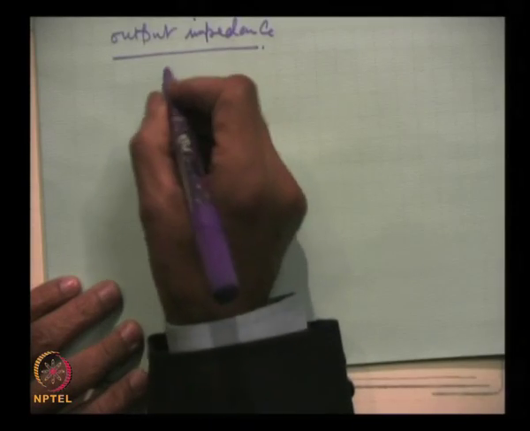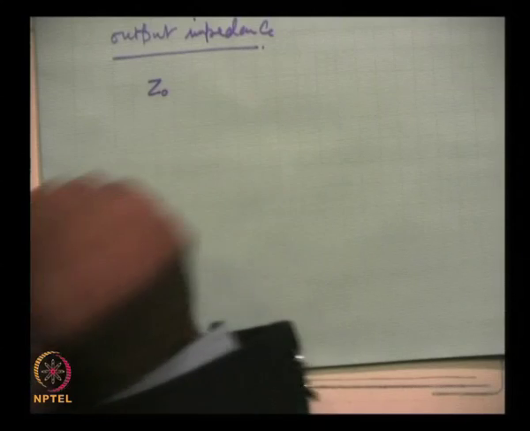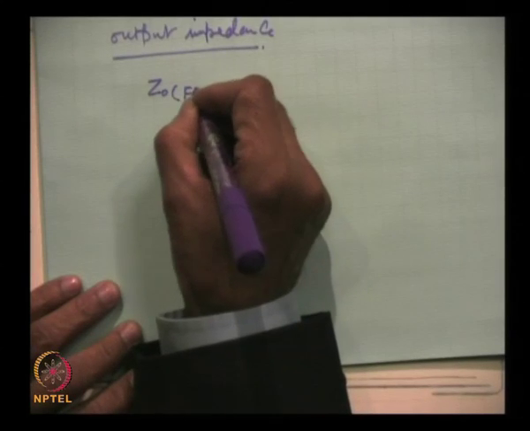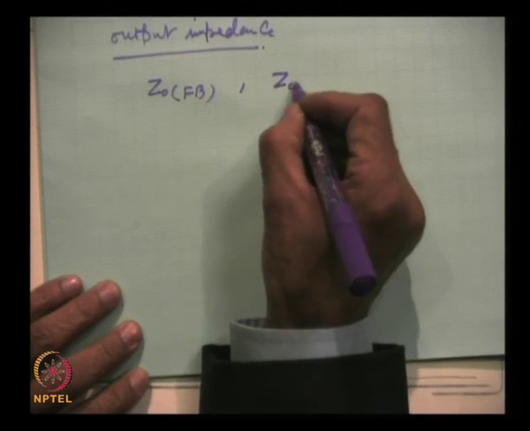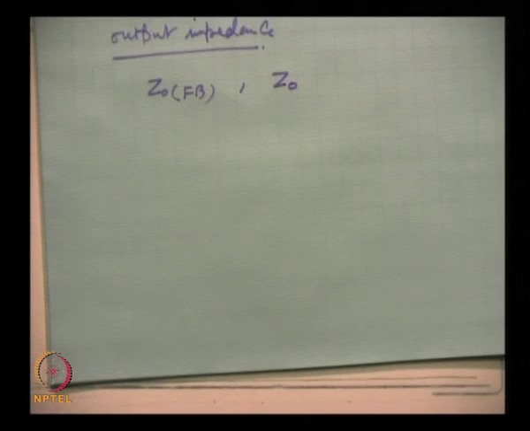The objective is to find out the expression for output impedance with feedback, how it is related with Zo, that means the output impedance without feedback. Suppose you are given any circuit and we ask you to find out the impedance, what you will do? You will apply a test signal, a small voltage, and find out the resulting current, and the ratio of the two will give you the impedance.